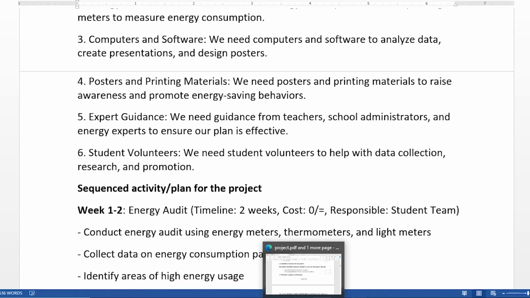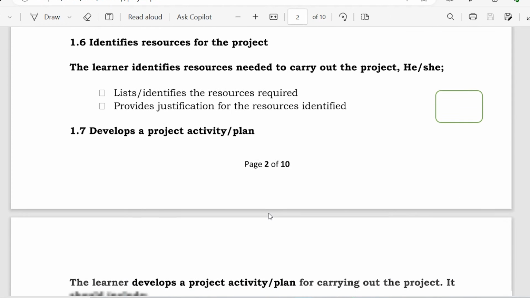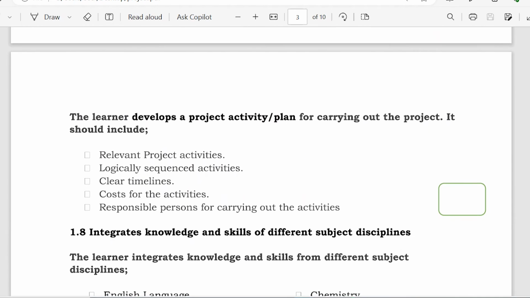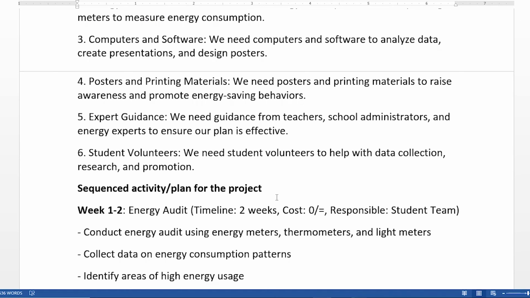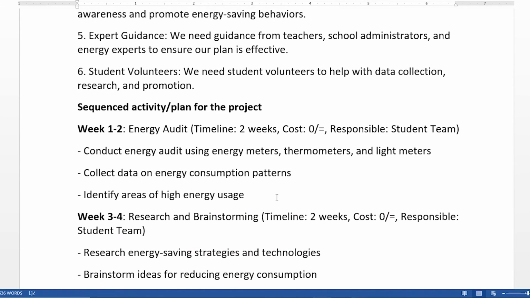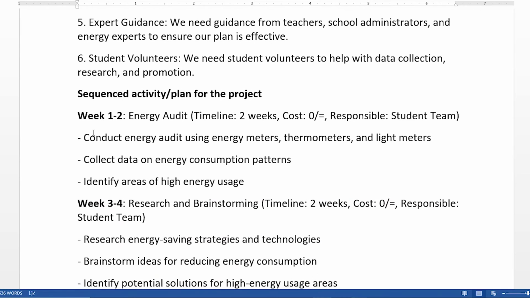And then when you continue here, we say develop plan. Now this time, the first plan was in table form. This time round, I did not put it in a table, so that you can get more than one format of how you can put the plan. Like week 1 to 2, energy audit, that is 2 weeks. The cost, there is no cost. Responsible person is the student himself or the team.